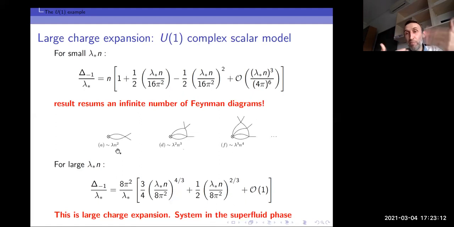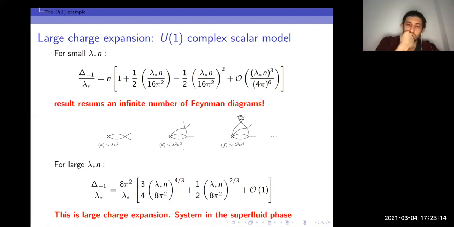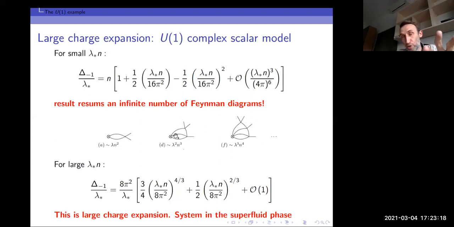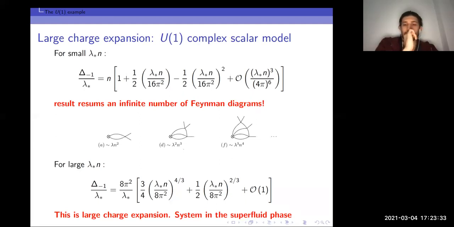You see, there's an interplay between the number of external legs, which fixes the charge, if you want, and the number of loops. So there's an interplay between the loop expansion and the charge expansion, as I mentioned. So you can rewrite one in terms of the other, and that's why you can rewrite back all you found here in this large charge limit to ordinary perturbation theory, right?